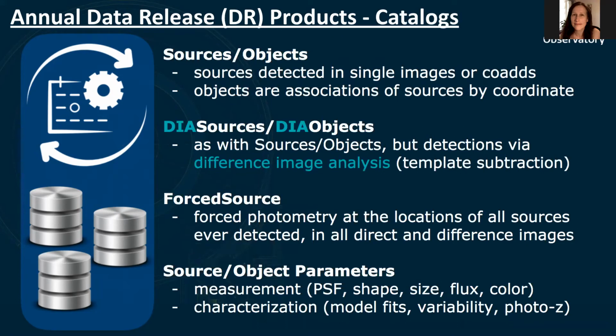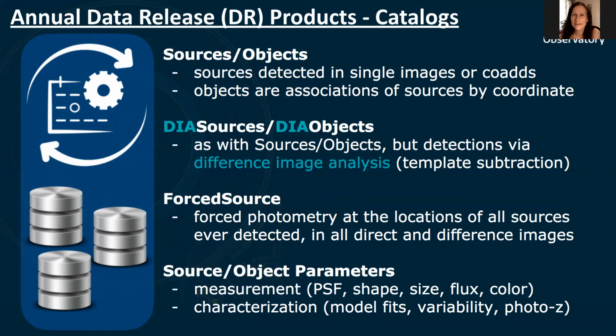The catalogs that will be available to users include source and object catalogs, where sources refer to detections on a single image or coadd, and objects are associations of sources at a given sky coordinate. In the context of Rubin data products, a detection typically means detected with signal-to-noise ratio of 5 or greater.